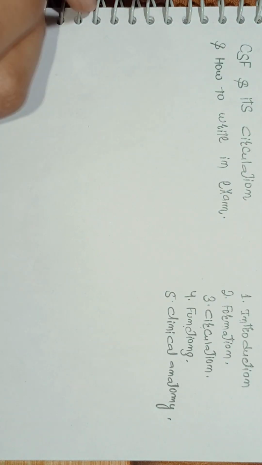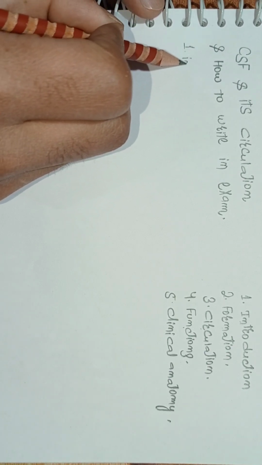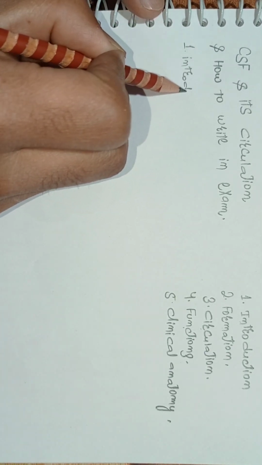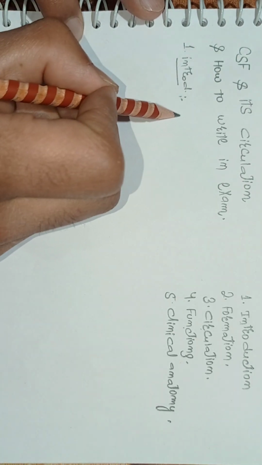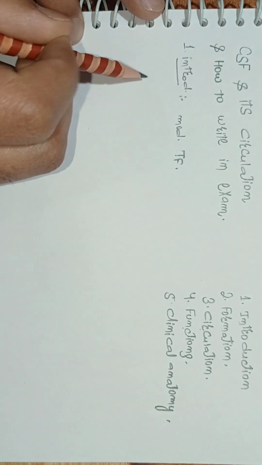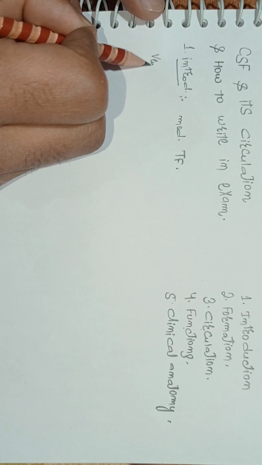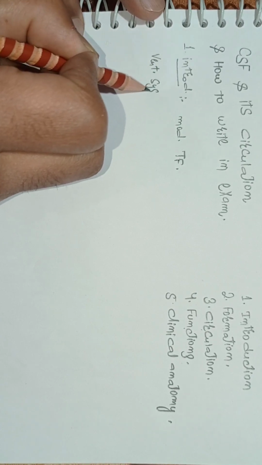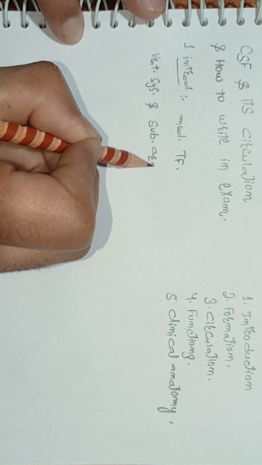CSF, cerebrospinal fluid. So let's begin with the first heading, that's introduction. What is CSF? CSF is modified tissue fluid. Number second point, it is present in the ventricular system of the brain and subarachnoid spaces.